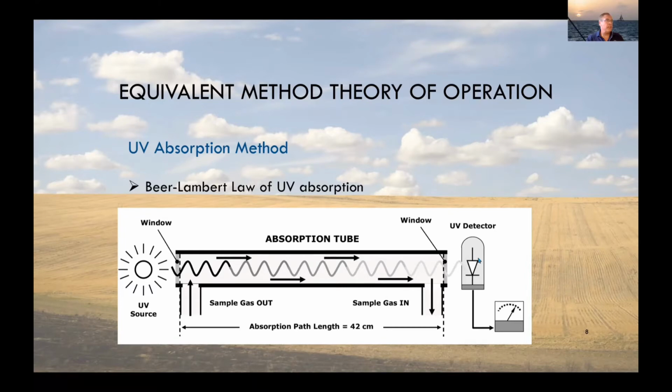The UV detector can measure the intensity of light after it has passed through the absorption tube. And the Beer-Lambert law states that the amount of ozone in the absorption tube or in any given sample can be determined because it's known that the amount of absorption that happens is directly proportional to the concentration of ozone in the absorption tube.